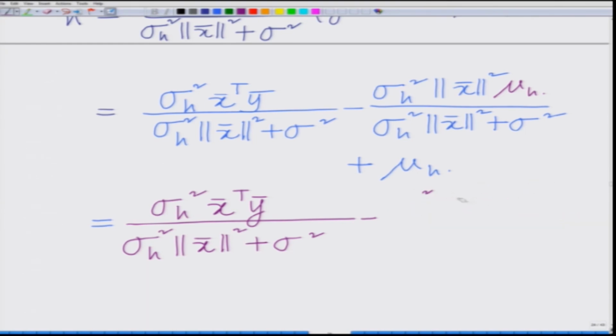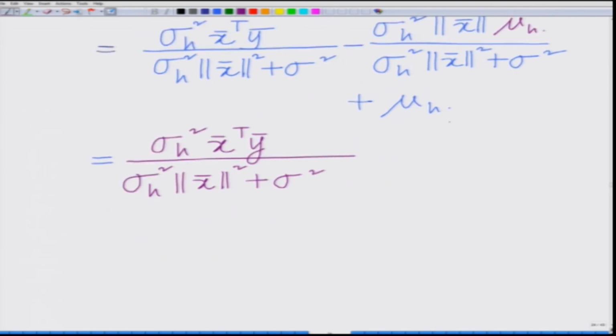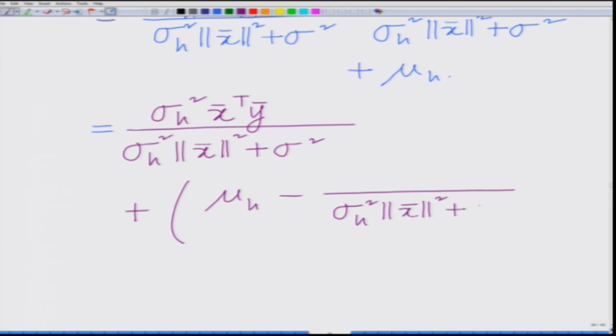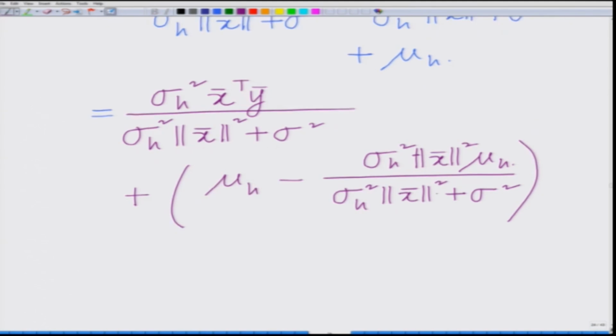Let me just write this as a separate term. Let me just write mu h explicitly, minus sigma h square norm x bar square plus sigma square in the denominator, and in the numerator you have sigma h square norm x bar square into mu h, and now you can see what happens when we simplify this.